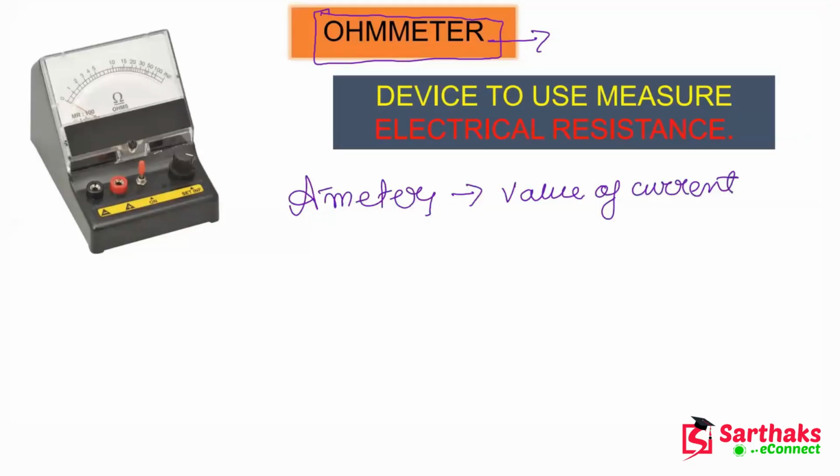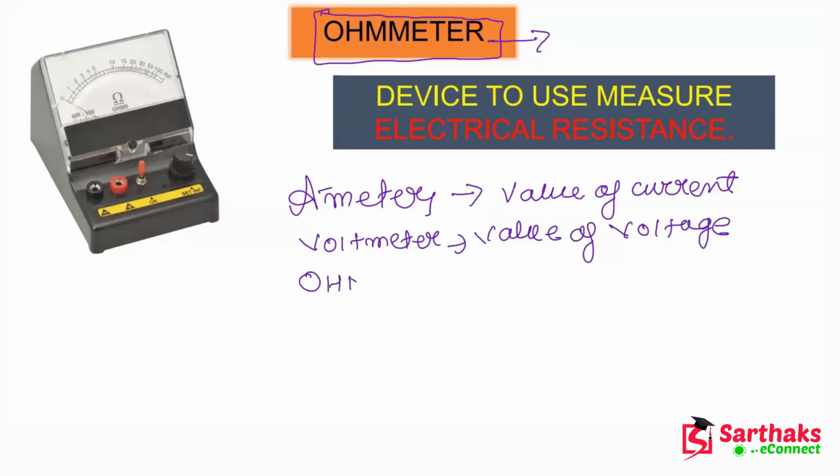In the case of a voltmeter, we used to measure the value of voltage. But in the case of an ohm meter, we will calculate the value of what? Resistance. I hope guys you get it.